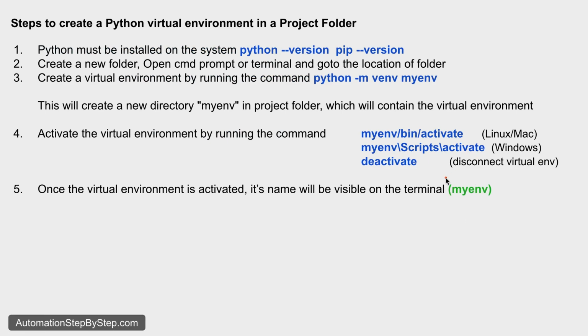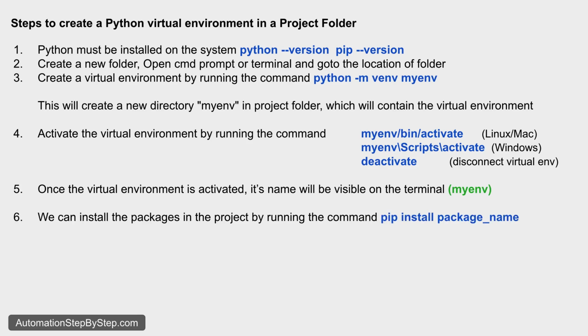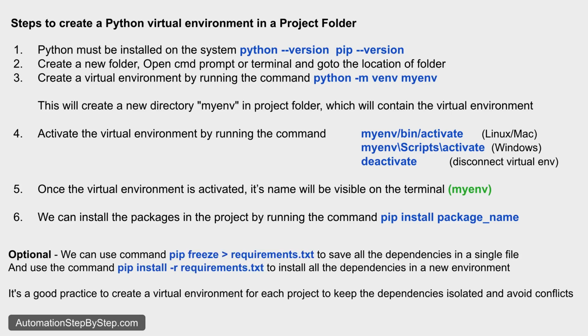The name of the environment will be available like this, and this will work on any other IDE as well. For example, if you are using VS Code, you can run the same commands on the VS Code terminal, and this will work as it is. Okay, so we have already done this, we have checked this. Now if we install any Python library or package, it will go to this particular environment only.